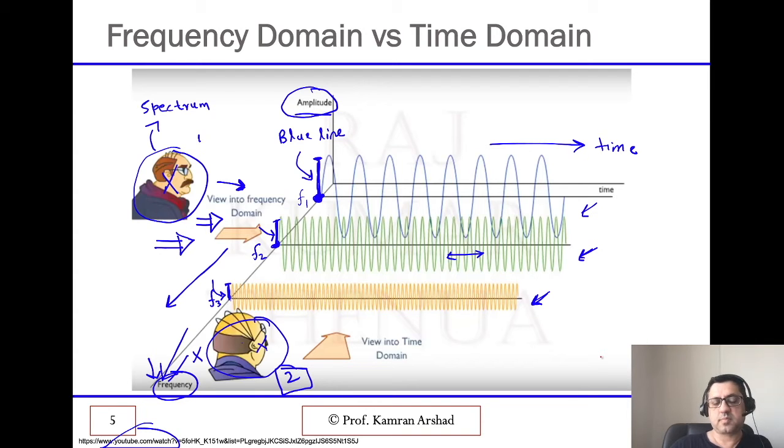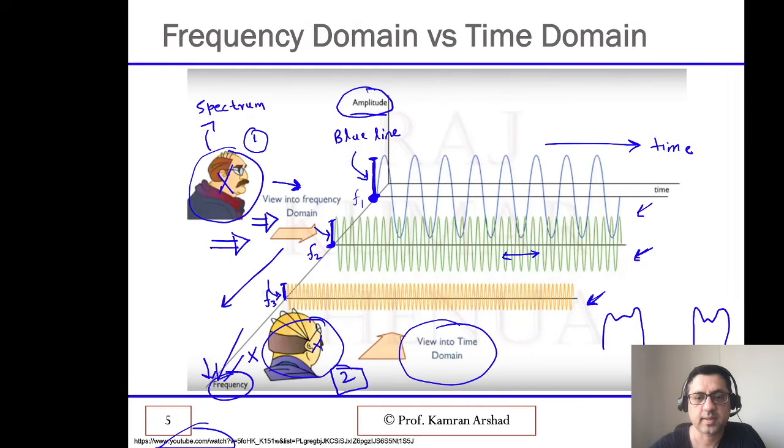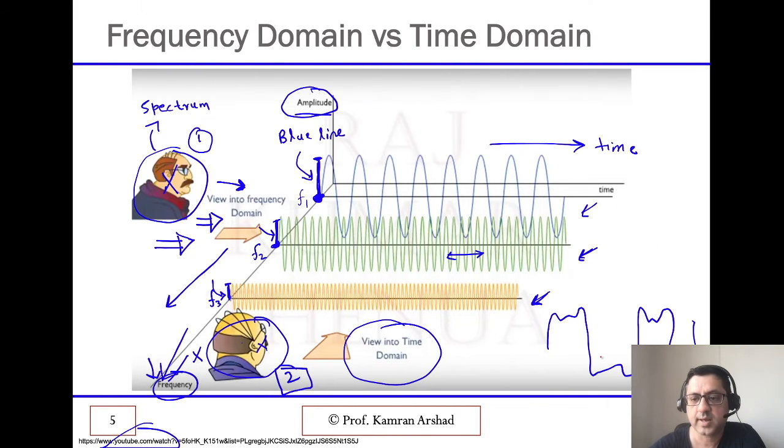Person number 2 cannot differentiate F1, F2 and F3, because for him F1, F2, F3 overlap. All three sinusoids overlap each other, and he can see only some shape like this, and that's all. So this person is seeing the time domain, and the other person is seeing the frequency domain. This is the main point here.